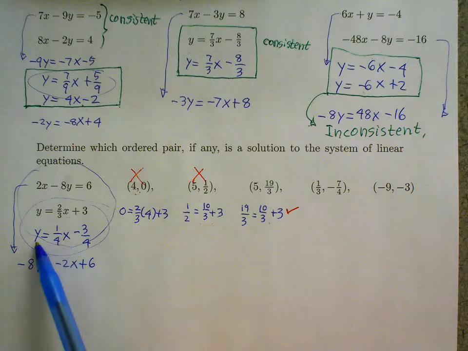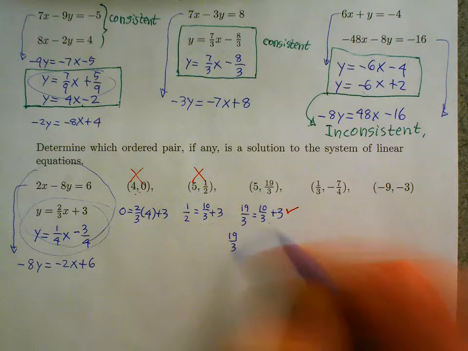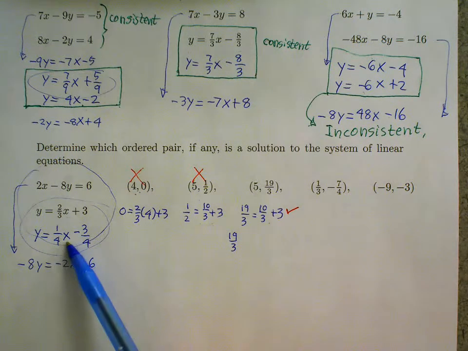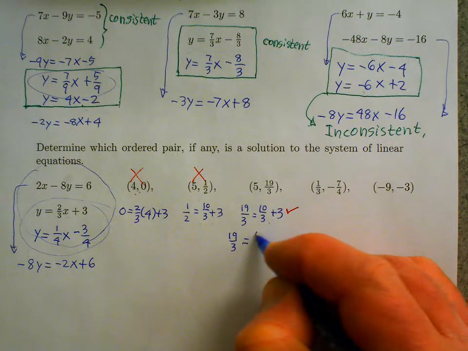So we'll replace y with 19/3 again, and replace x with 5. So 1/4 x is 5/4.